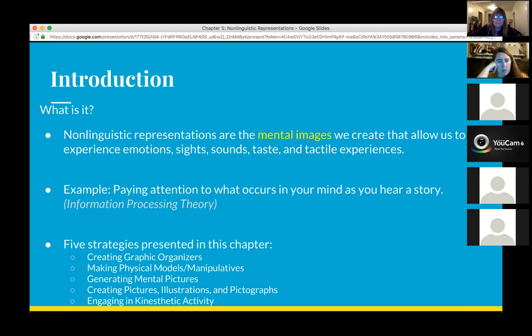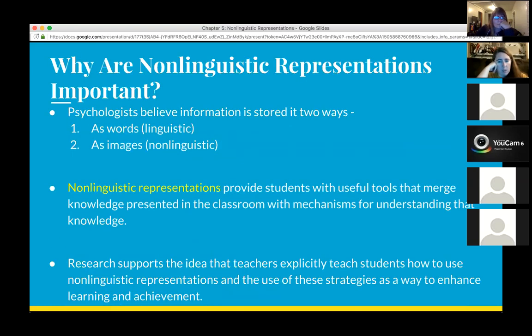Before we get into details about those strategies, I want to talk about why non-linguistic representations are important. Psychologists believe that information is stored in 2 ways, as words and or as images. Non-linguistic representations provide students with useful tools that merge knowledge presented in the classroom with mechanisms for understanding that knowledge.